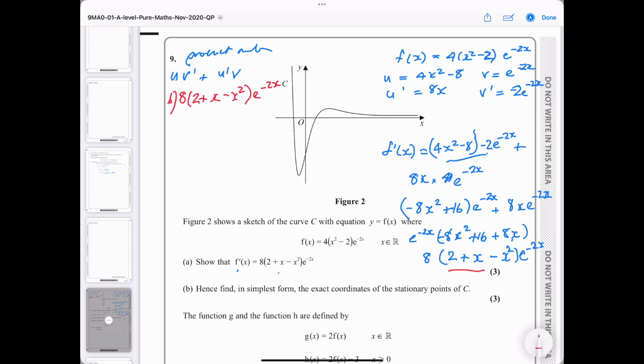Now, I know that e is not going to give me a 0, because it doesn't give me a 0. So let's just take minus x squared plus x plus 2, and let's make it, so that's 2 minus x, so it's going to be x plus 1, I think.